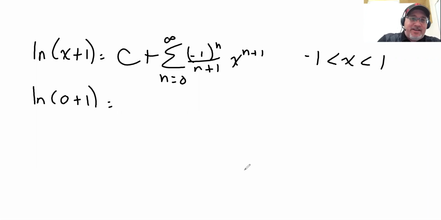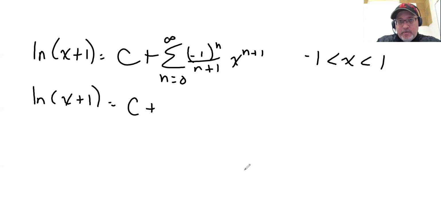before we do that, it'll be easier to see if we expand this sum. Let's put in n equals 0. That gives us (-1)^0, which is 1, over 0 plus 1, times x^(0+1), times x to the first. Well, that's just a fancy way of saying plus x.